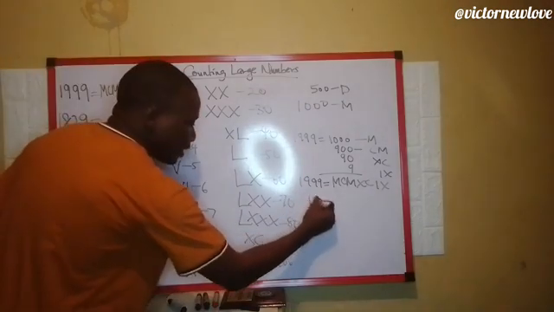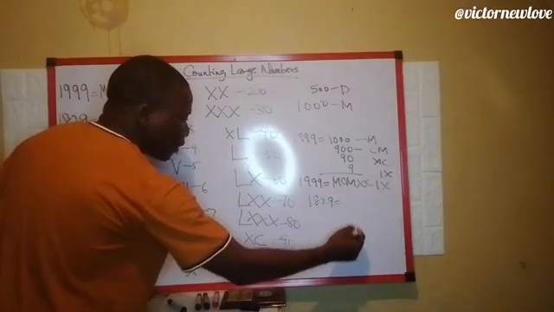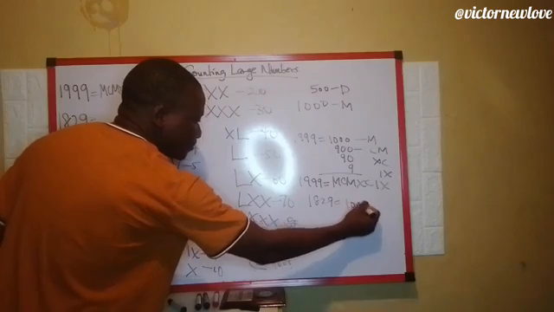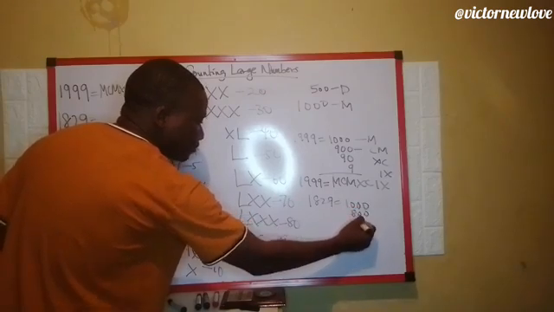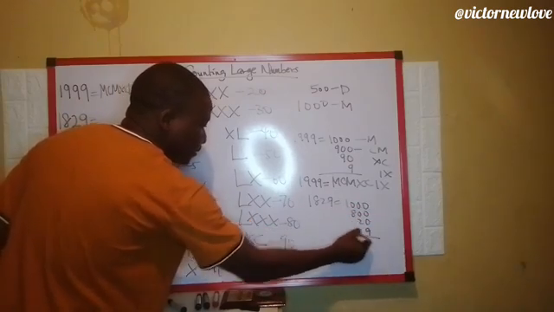The next one we have here, 1829. We are going to break it down to 1000, 800, 20 and 9.